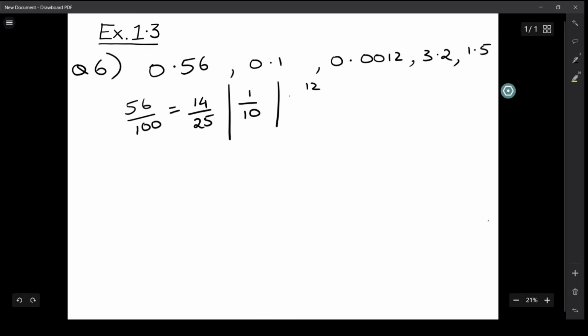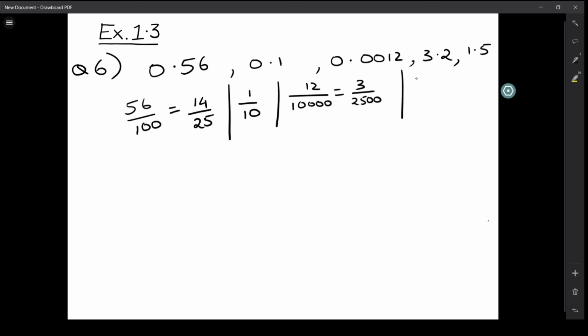The next one, 12 divided by 1, 2, 3, 4, 4 zeros out here, which is divide numerator as well as the denominator by 4 and we get 3 by 2500.